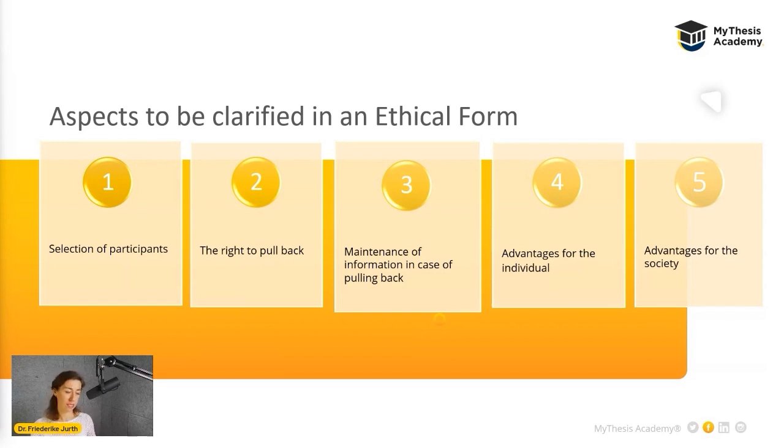So the participant is the only person to decide if and in which form and extent he or she wants to appear. And if for any reason and at any moment the person decides to pull himself or herself back from the research, then this is also something that the researcher needs to respect.